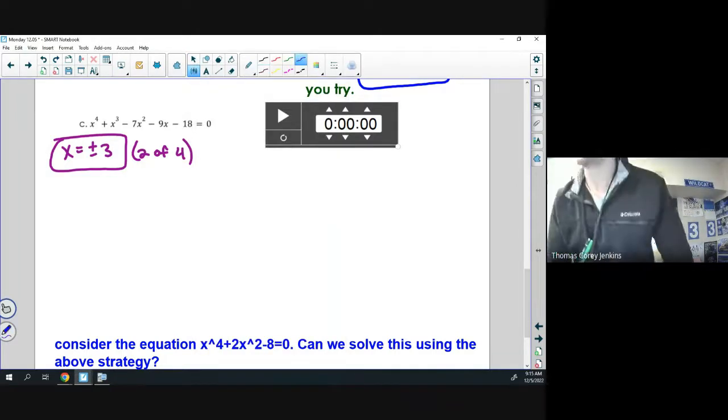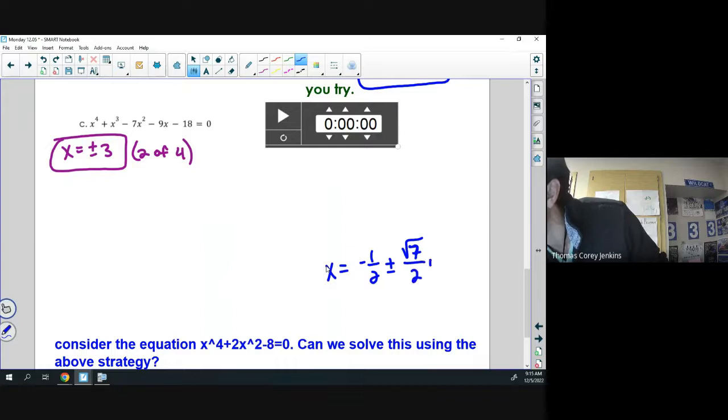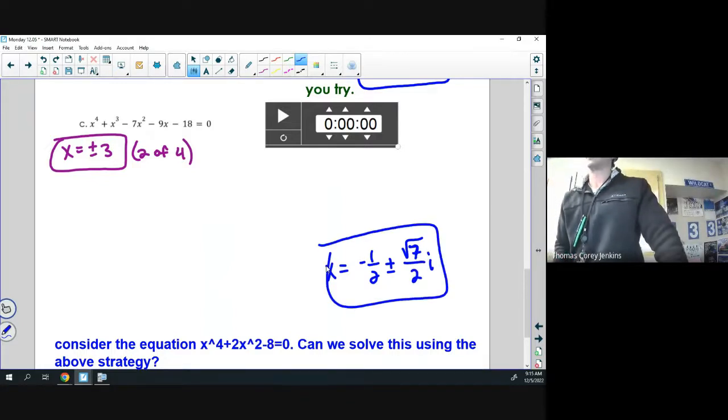Anyways, the last two are x equals -1/2 plus or minus square root of 7/2, sorry, 7/2 i.